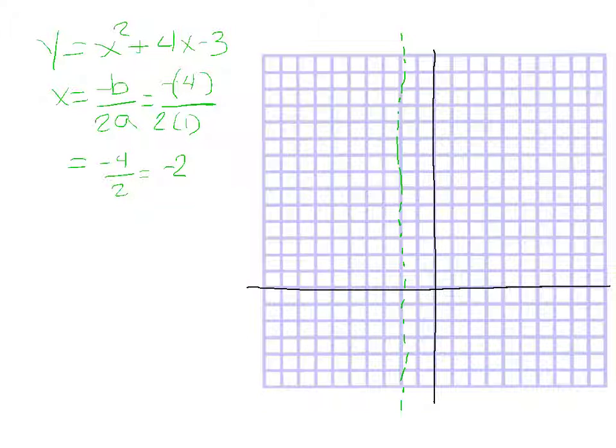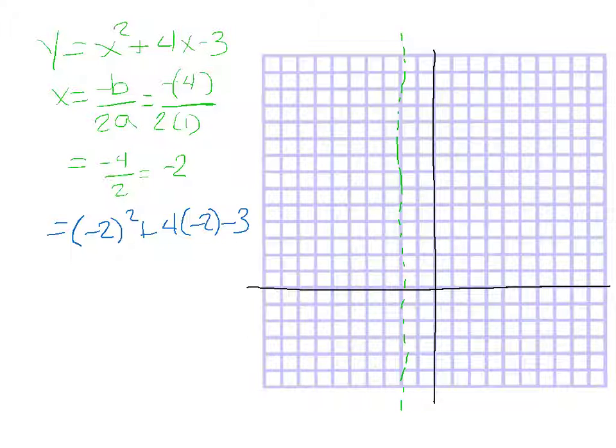All right, now the next thing that we do is we find our vertex. We want to find that point. To do that, I plug in negative 2 for x. So we've got negative 2 squared plus 4 times negative 2 minus 3. The reason I'm plugging in negative 2 is because I know that my vertex is going to be somewhere on the axis of symmetry, and anywhere I am on the axis of symmetry, my x value is negative 2.